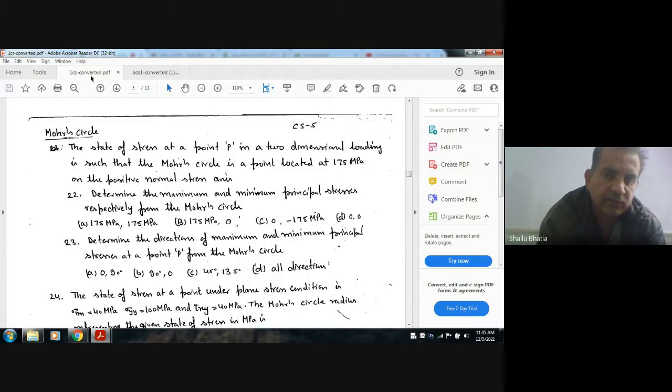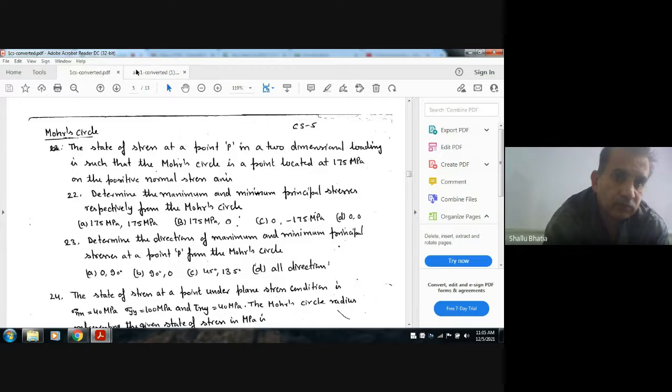Determine the maximum and minimum principal stresses respectively from the Mohr circle. Options are: A, 175 and 175 MPa. Option B, 175 MPa and 0 MPa. Option C, 0 and minus 170 MPa. Option D, 0 and 0.